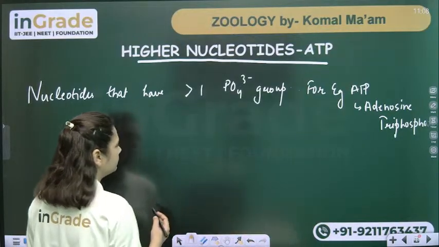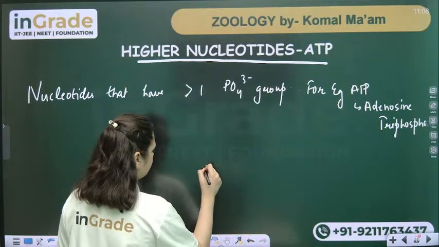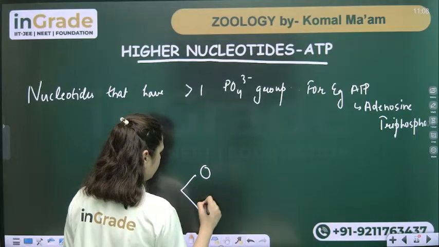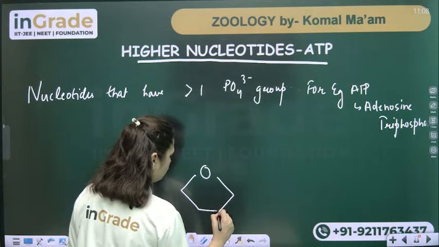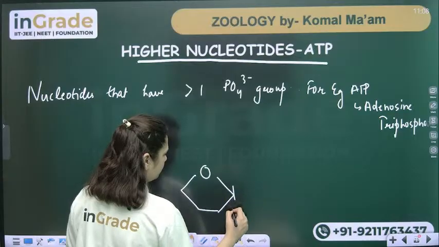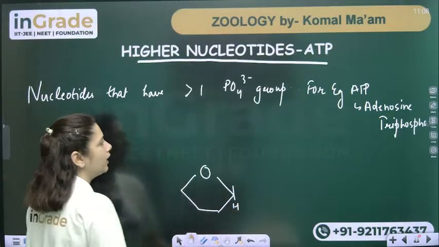ribose sugar here, and we have adenine group here.